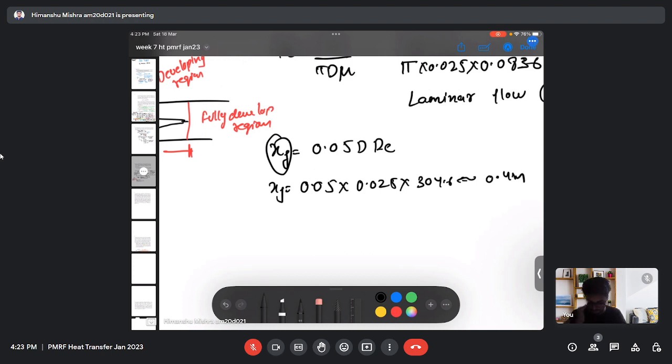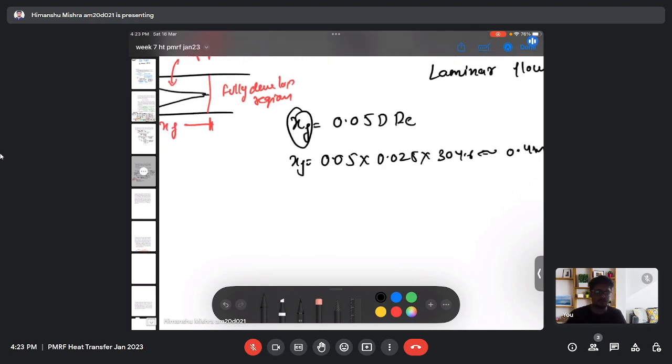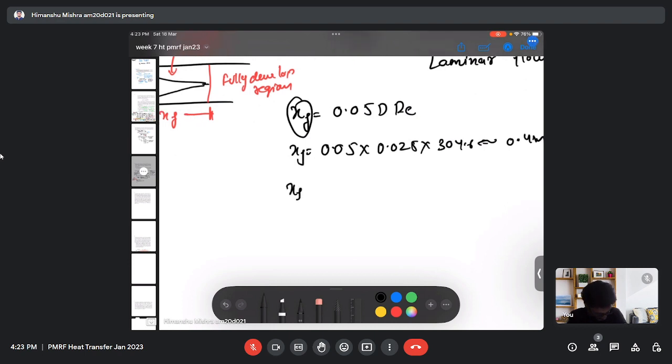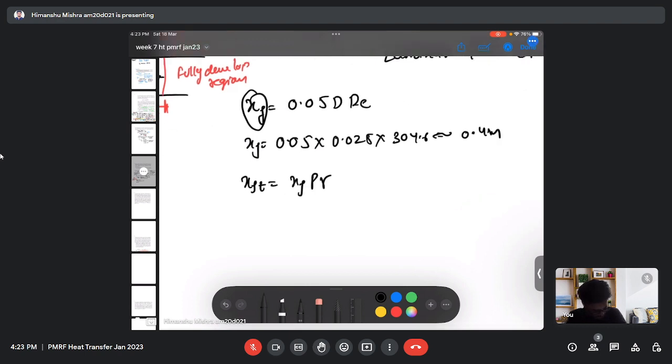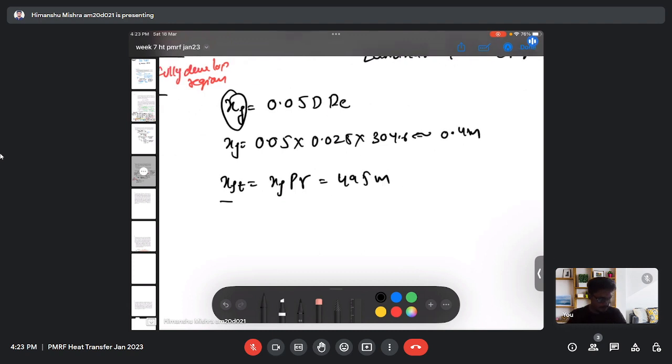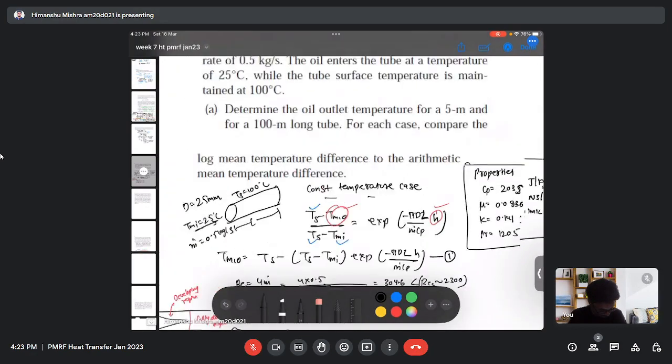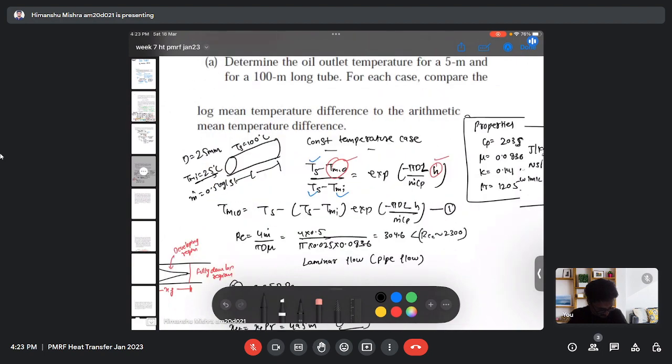And similarly, we can check for the thermal boundary layer as well, which is, let's say, xft, which can be given by xf and Prandtl number. So my distance for the developing thermal boundary layer will be 495 meter. Now my pipe length is 5 meter, let's say.